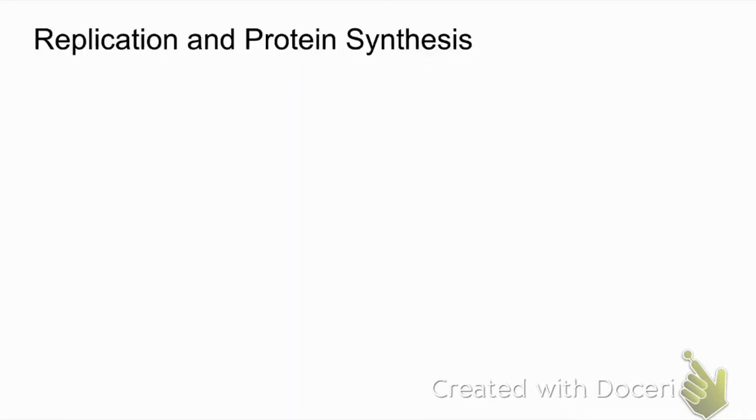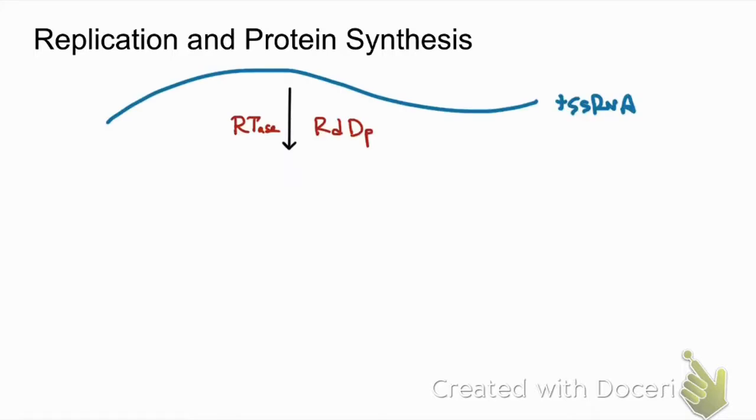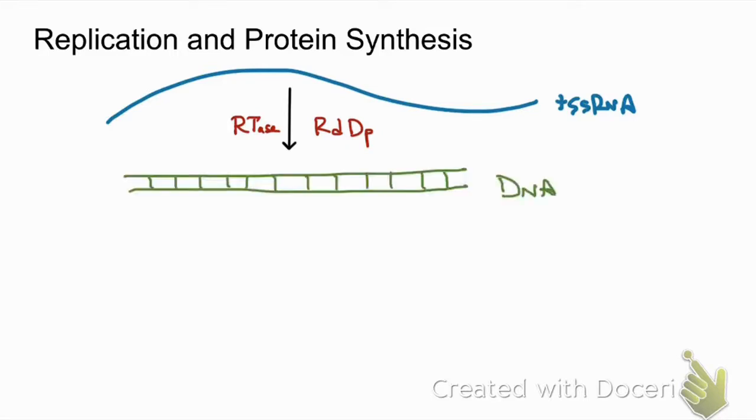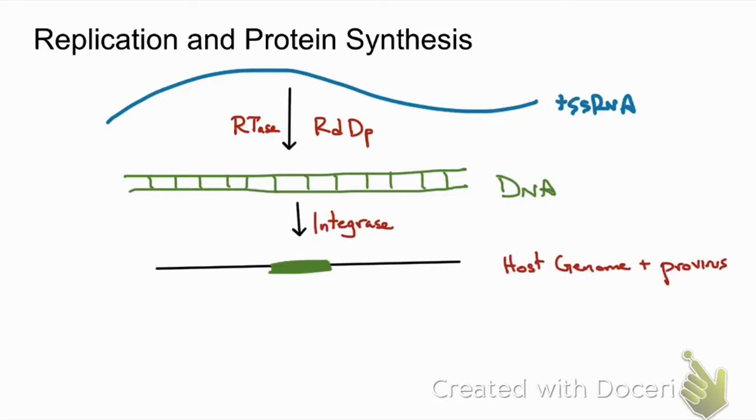Now, before more viral particles can be produced and before biosynthesis, HIV has to take its plus single-stranded RNA genome and convert it into DNA, and that's going to occur with the virally encoded reverse transcriptase, which is an RNA-dependent DNA polymerase. This DNA will then be integrated into the host genome by the virally encoded enzyme integrase.